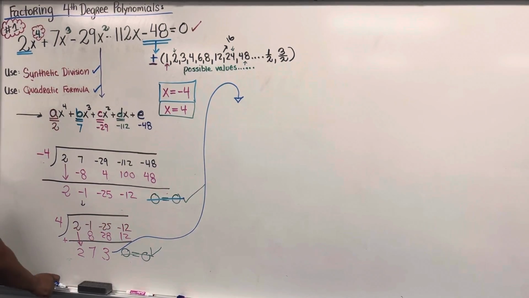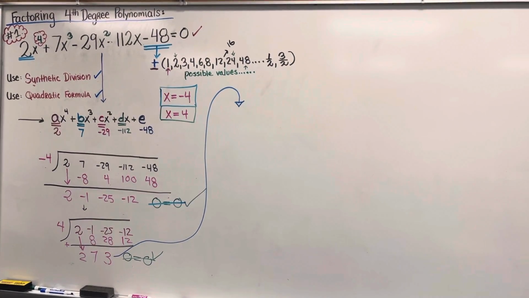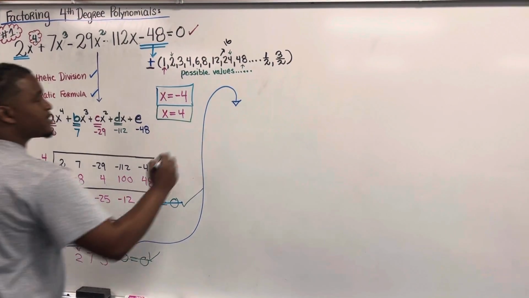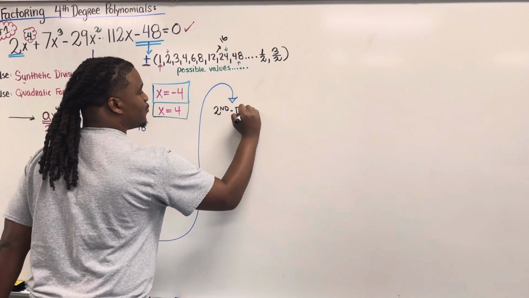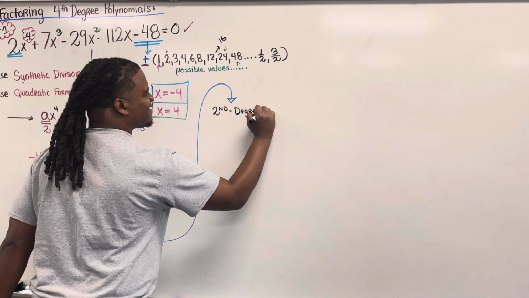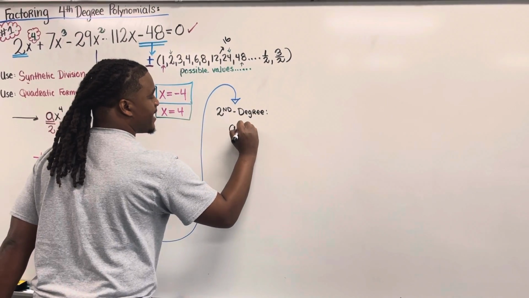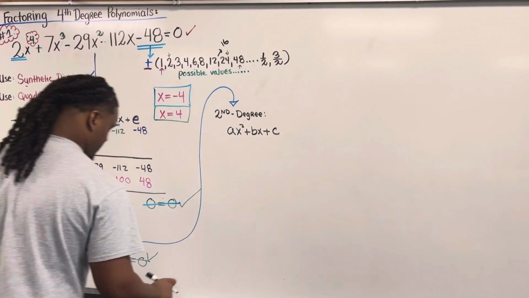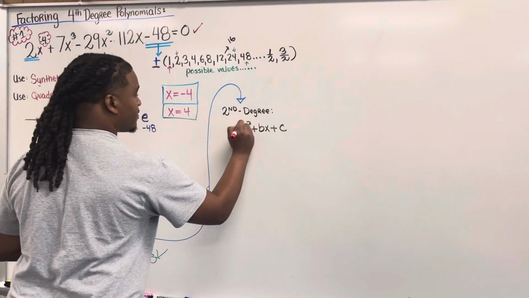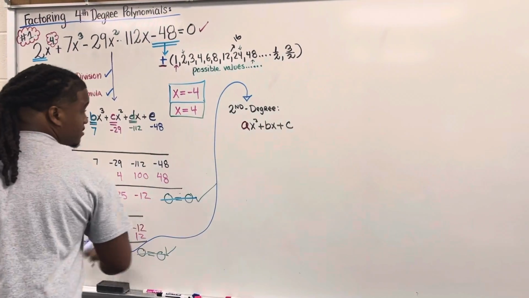But if you get to the 2nd degree part, then you can actually switch over to the quadratic formula. And I know a lot of people know how to use the quadratic formula, right? So of course, a quadratic or a 2nd degree, which is quadratic, right, comes in the form of ax squared plus bx plus c, okay?